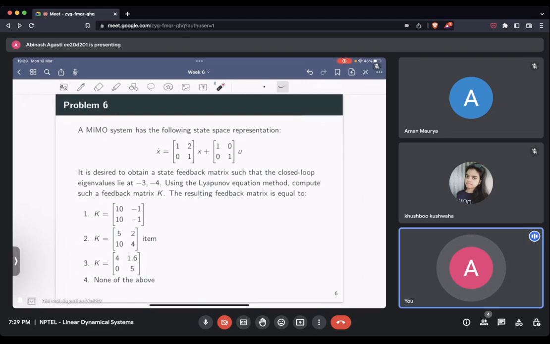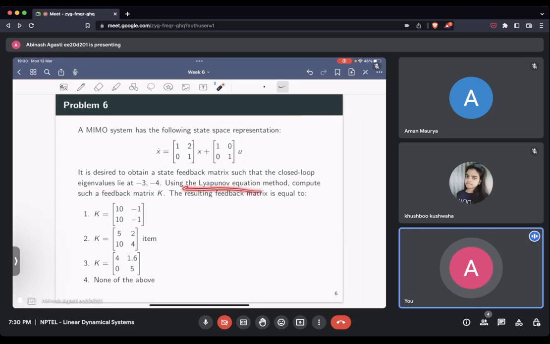So we are now given a MIMO system, A matrix, B matrix, and it is designed to obtain a state feedback matrix such that the closed loop eigenvalues lie at -3 and -4.